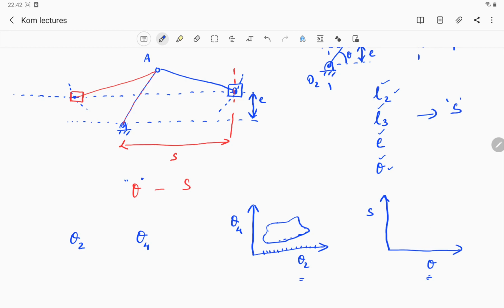The same thing goes for the slider crank mechanism as well. So that's how we do the displacement analysis for the 4-bar mechanism as well as the slider crank mechanism.